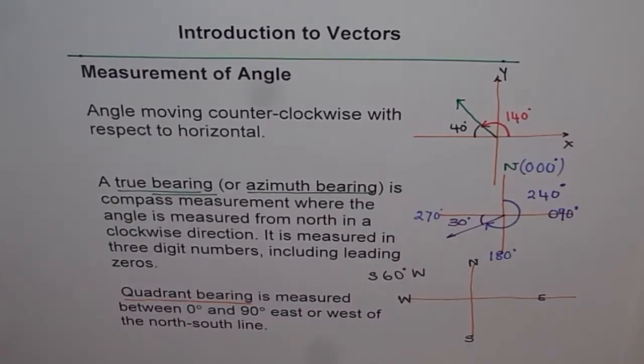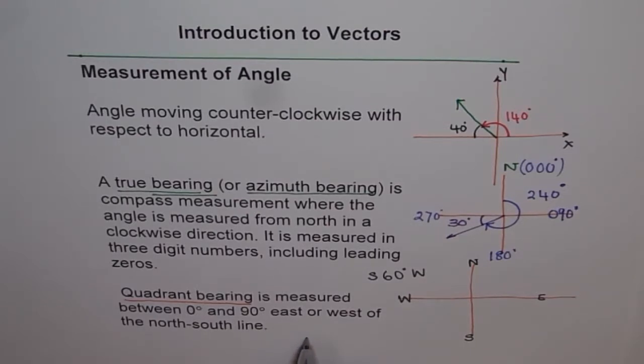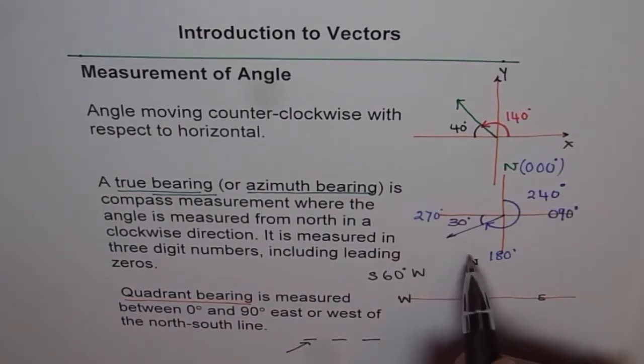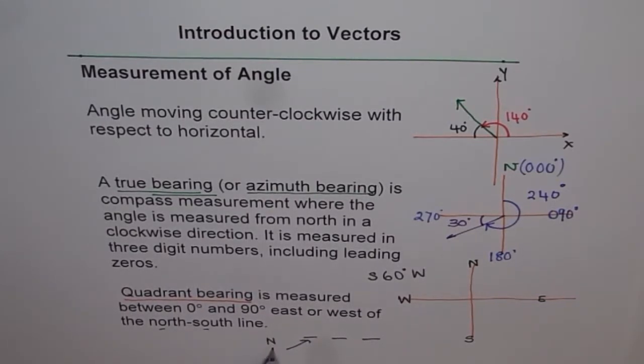So quadrant angles are actually given in 3 parts. So 1, 2 and 3, where the first shows it is off from which line, north or south. So basically it has to be off the north-south line, but it could be either north or south.